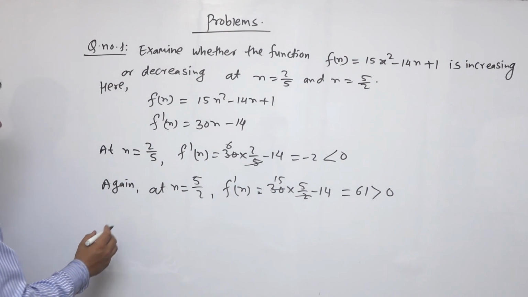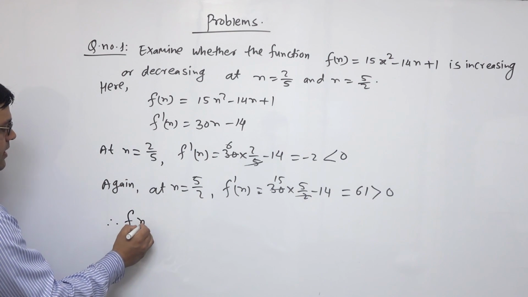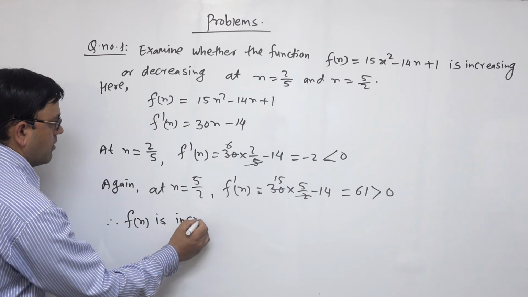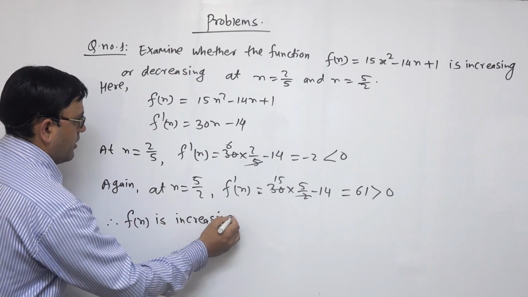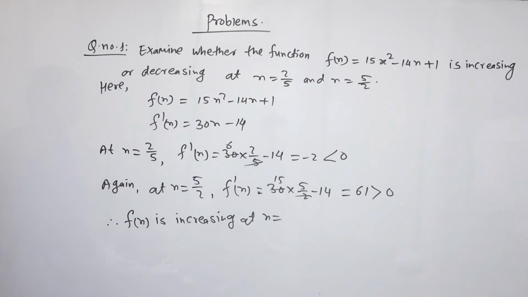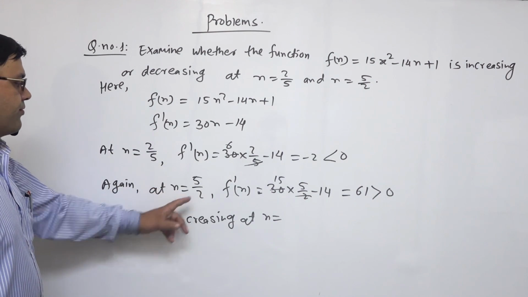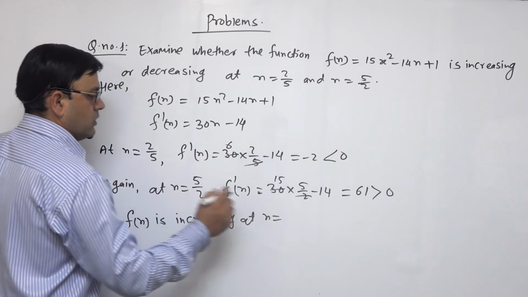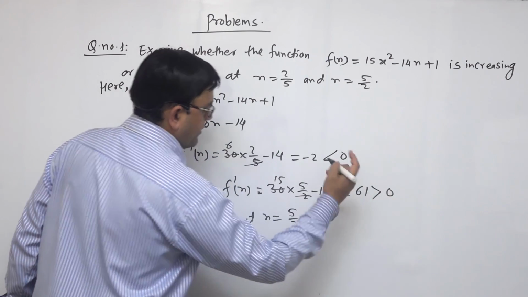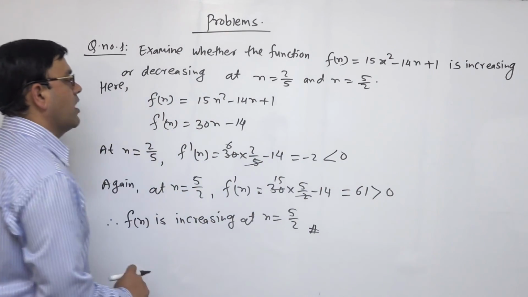Therefore f(x) is increasing at x is equal to 5 by 2 because this one is greater than 0. In this way we can solve this question.